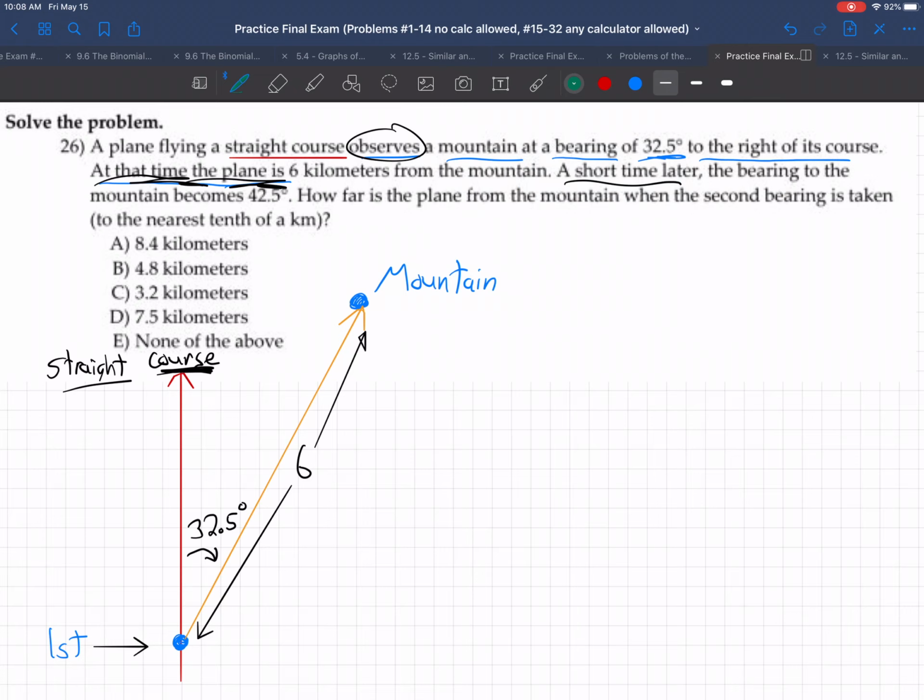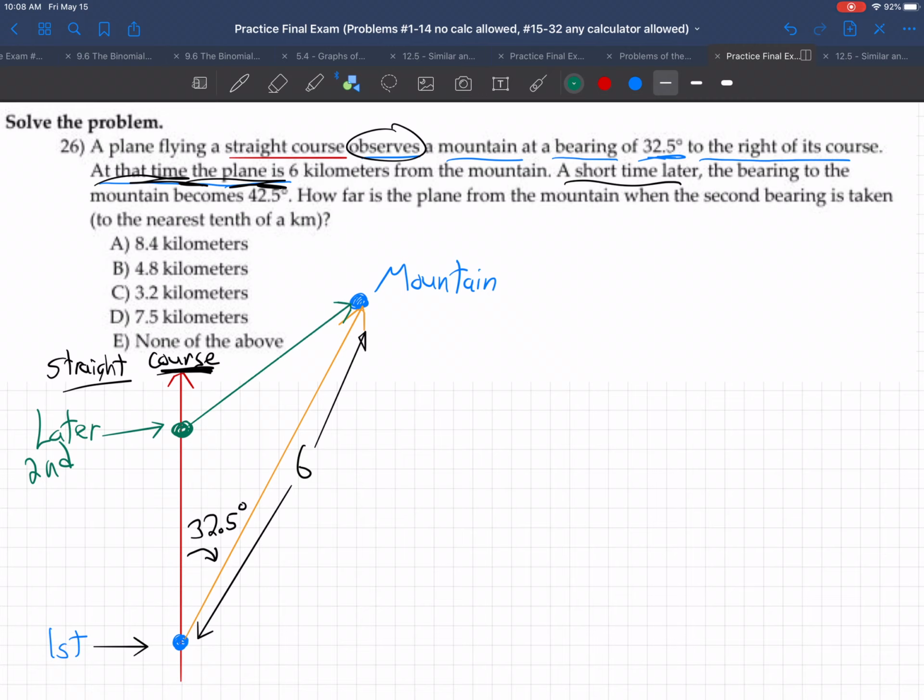Let's do this one a different color. So this is later. This is the second bearing. What does it say happens later?